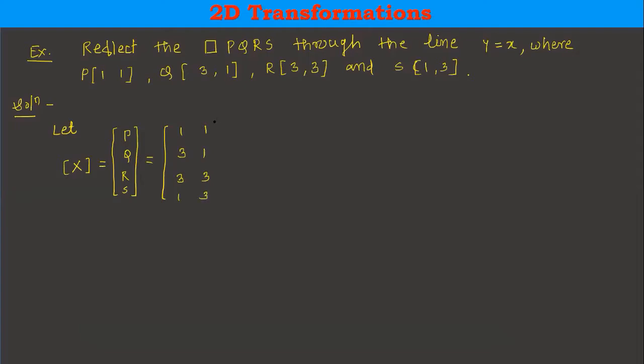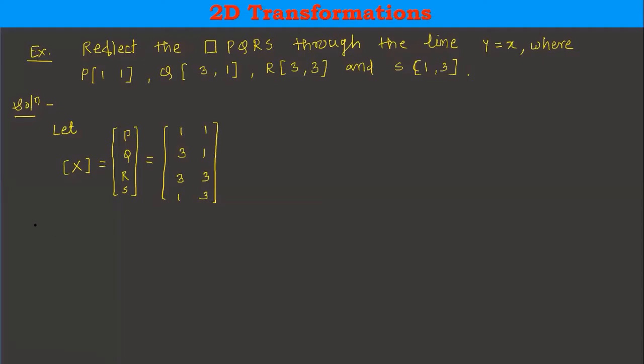So like that we have the coordinates of the quadrilateral PQRS, and this is the position matrix of the quadrilateral PQRS, which is denoted by X. So once you get the position matrix of the given object, then we have to write the transformation.